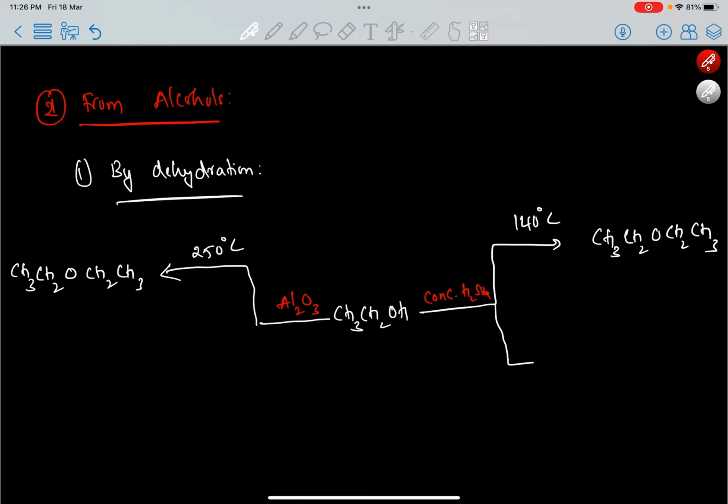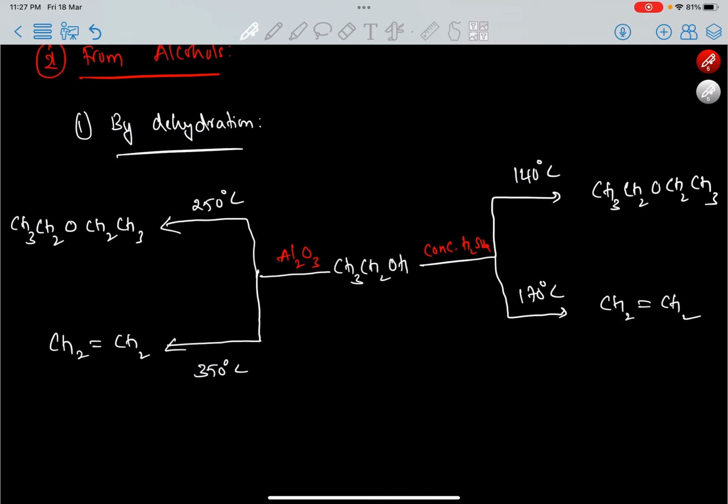If I slightly alter the temperature to 170 degrees Celsius, then we get alkene, that is elimination product. That's why the temperature is very important in this particular reaction. If we change the temperature from 250 to 350 degrees, then I get alkene elimination. So at higher temperatures, alkene elimination products are more possible.